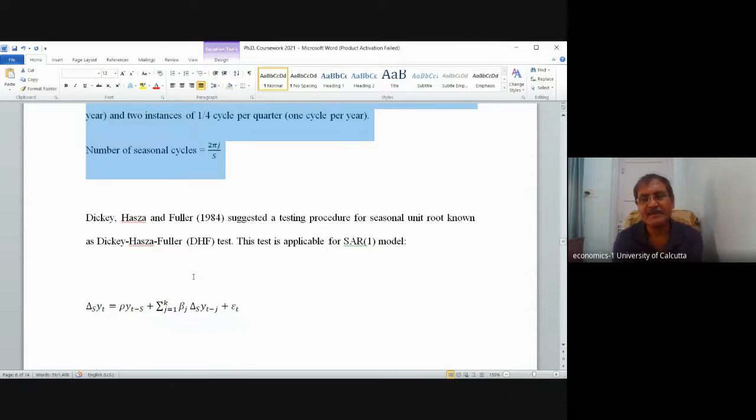And you can remember, we mentioned earlier, Dickey-Fuller test was applicable only for AR1 model, autoregressive of order 1. Similarly, DHF test is also applicable for SAR1 model, seasonal autoregressive of order 1.